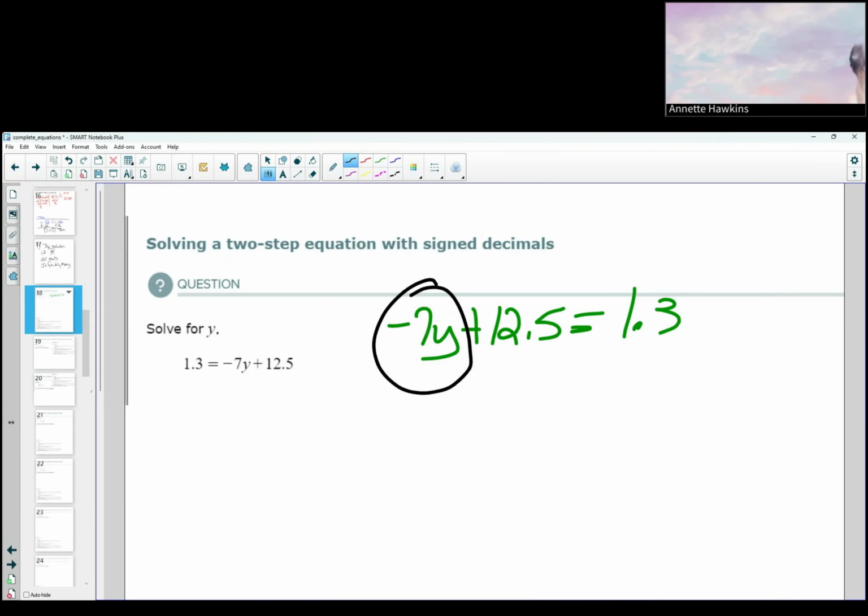Okay, so we get 1.6. Questions about that? Questions about how we got the 1.6?